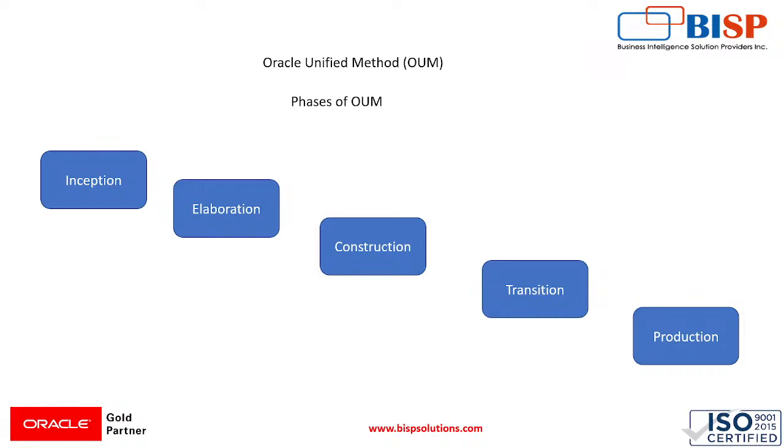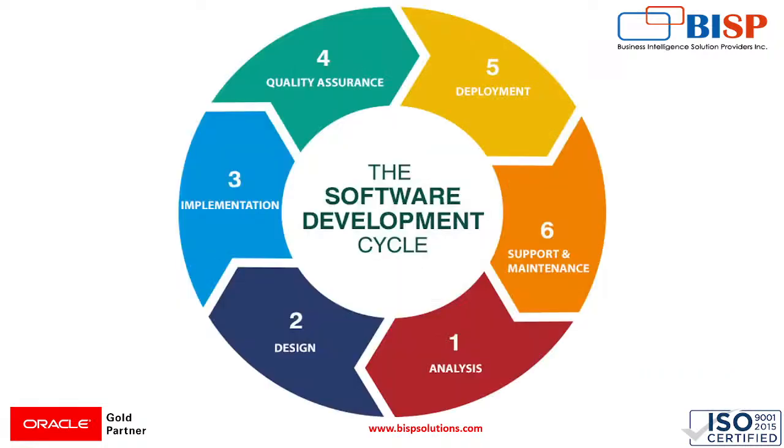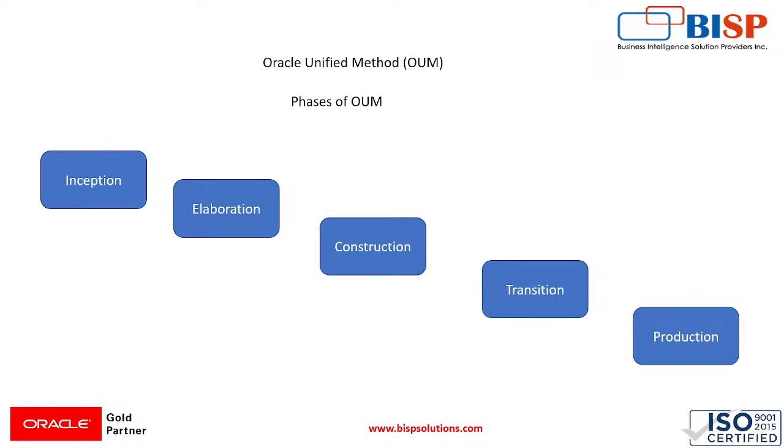Then comes production. As you remember from the previous session, the last stage of the SDLC, the software development life cycle, is support and maintenance. So this is the production phase of OUM, where we provide support for the live system and ensure optimization. This comes when we fully integrate into the new ERP system.